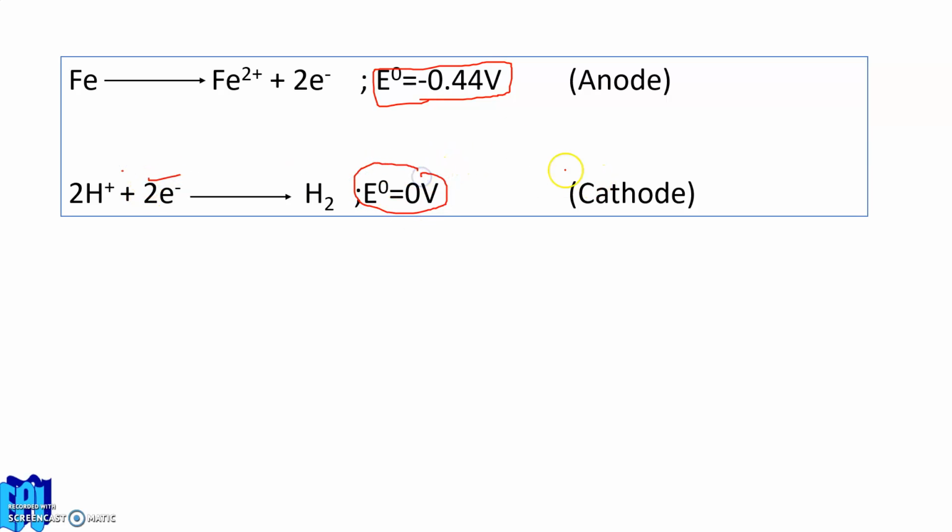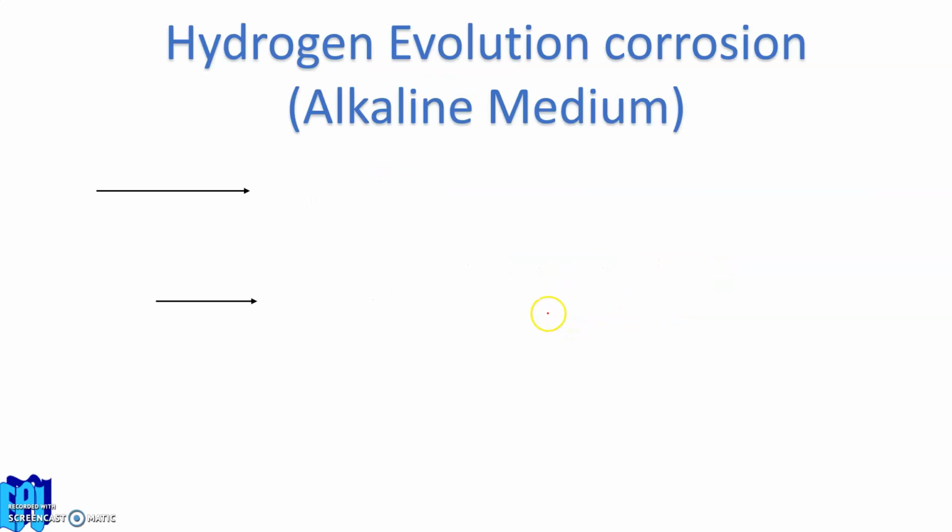E0 value is 0. So the higher value is this one, so this part undergoes reduction, and this part undergoes oxidation. The E cell value is 0 minus (minus 0.44), the answer is 0.44. This is a spontaneous reaction because delta G is equal to minus nFE cell; E cell is positive, delta G is negative, spontaneous reaction.